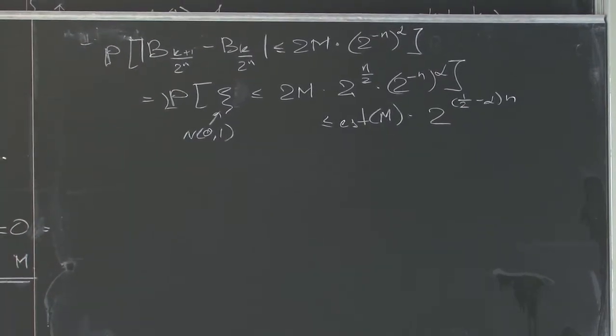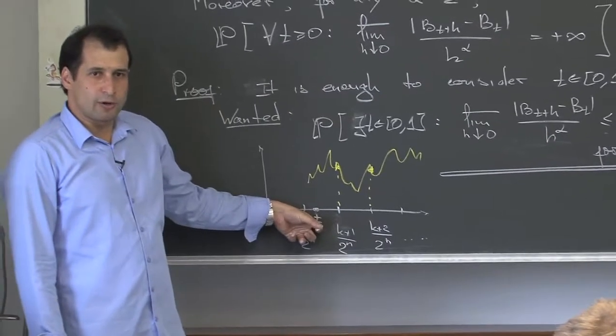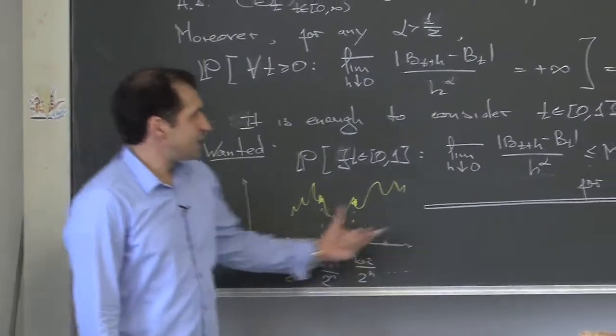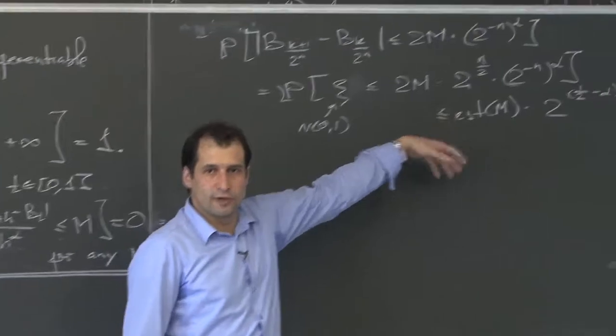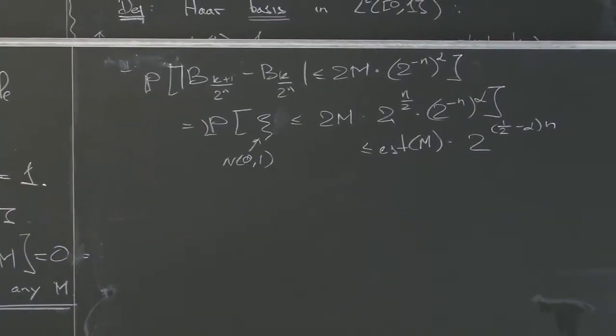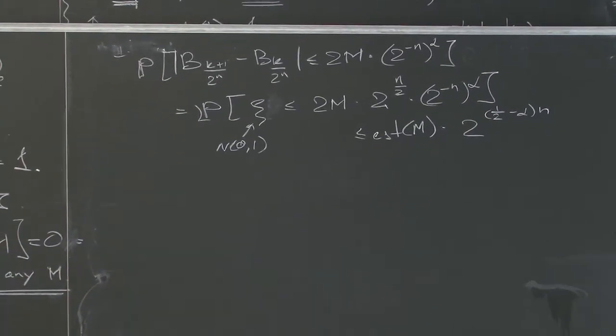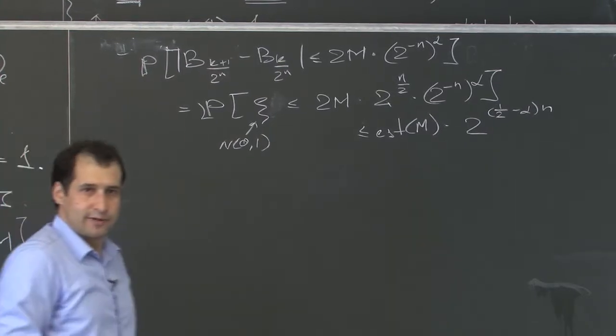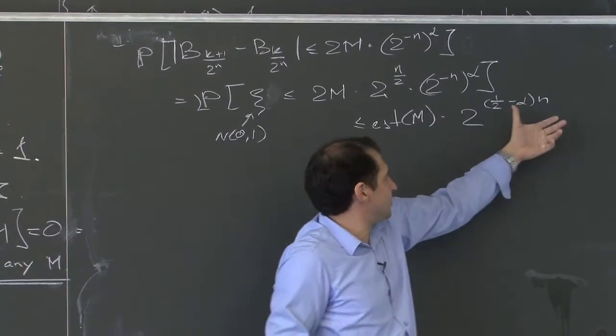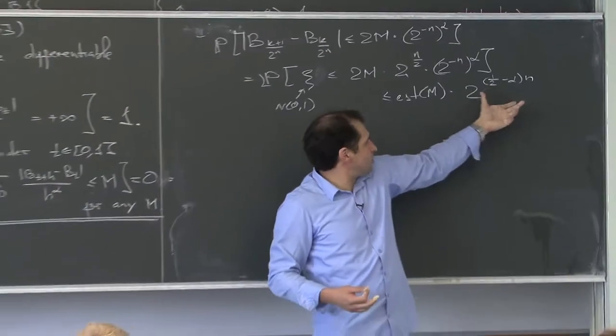Now what I would like to say is that if there is at least one good point, then this event should hold for at least one dyadic interval. And I can sum over all the dyadic intervals and use the union bound. But of course, right now, I'm going to lose. Why?